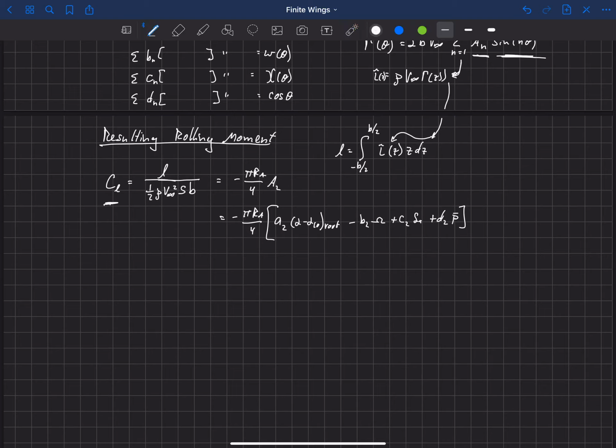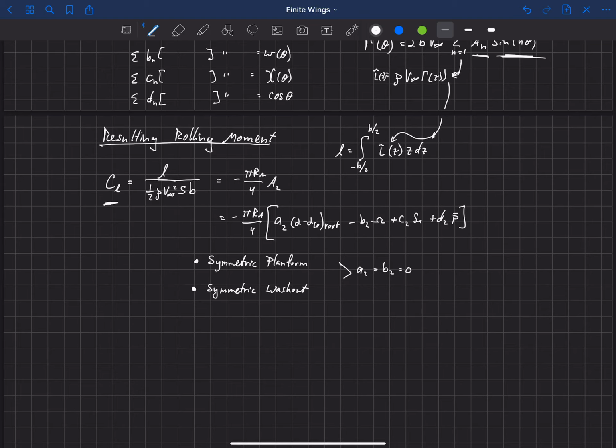And so if we constrain ourselves to a symmetric planform, which most aircraft are, and a symmetric washout, which again is very common, then that means that A2 and B2 are both 0 because those are even terms.